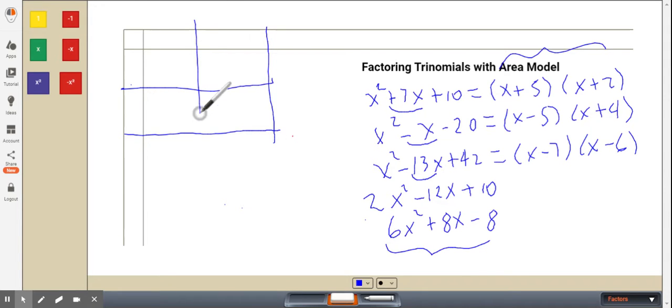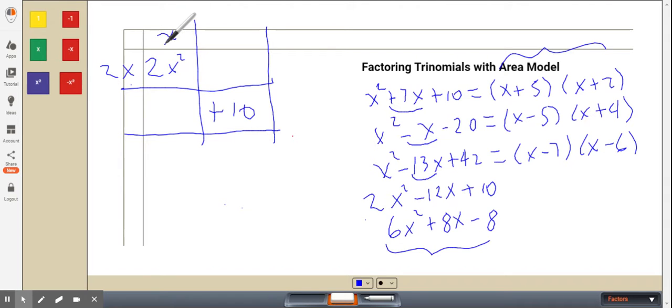We build our grid, and this time I'm going to put the 2x squared here because that's the first term, and I'm going to put the positive 10 here. Now, the difference really is that I have to factor the term that has the 2x squared. In this case, it's very friendly. I can only do it in one way, which is 2x multiplied by x.